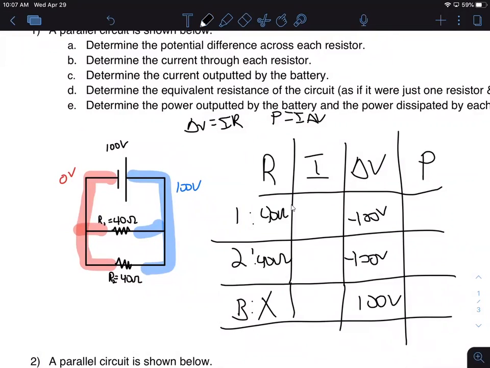Well, look, I've got a resistance and change in voltage for each of these, so I can figure out how much current is necessary to make that happen. So for a 40 ohm resistor to change from 100 volts to 0 volts, that would be 100 divided by 40, 10 over 4, which is 5 over 2, so 2.5 amps.